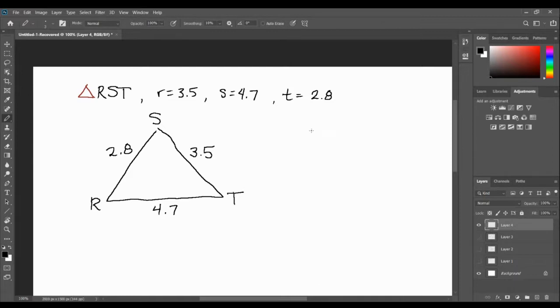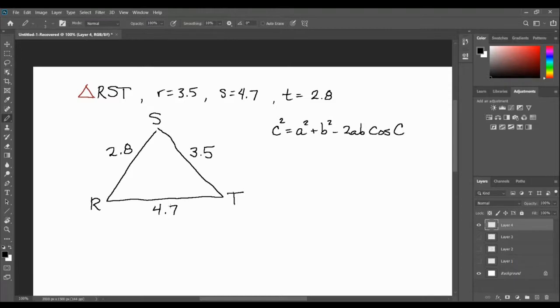All right, so let's get an angle. Our formula says c squared equals a squared plus b squared minus 2ab cosine C. We don't have a, b, and c. We have R, S, and T, but I can pick whichever one I want and plug those in as long as I get them in the right spot.